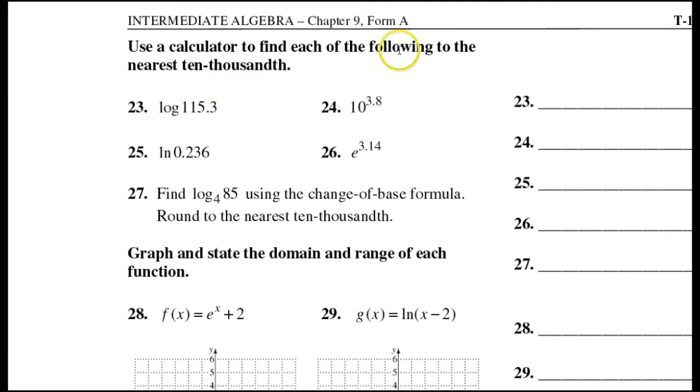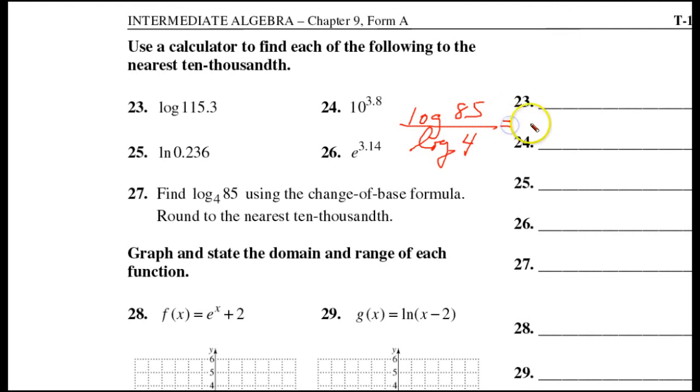Here, just follow the instructions, putting these into your calculator. For number 27, we're going to use the change of base formula, which is log of 85 divided by log of 4.